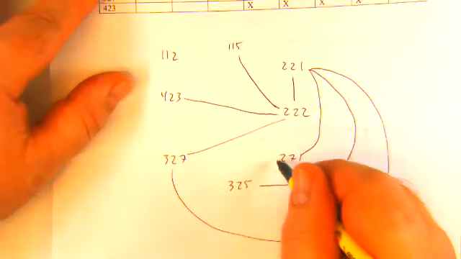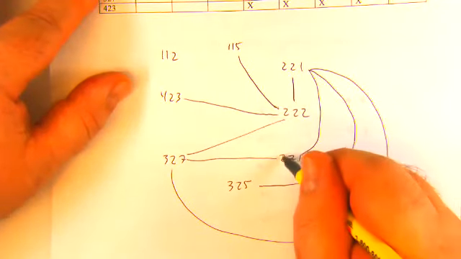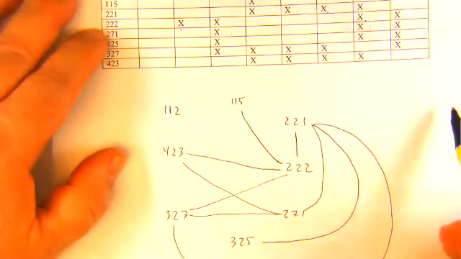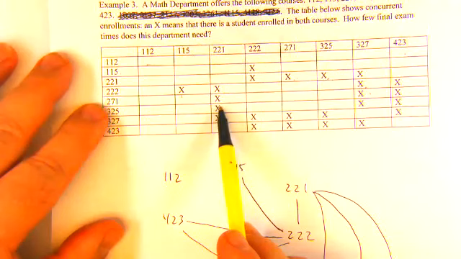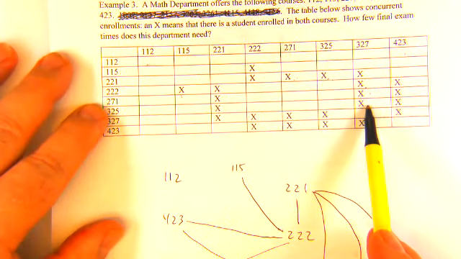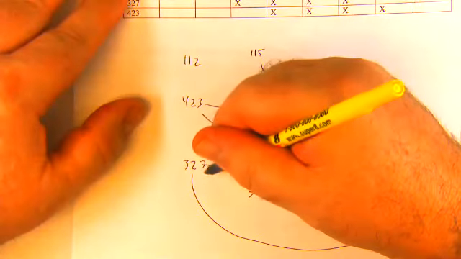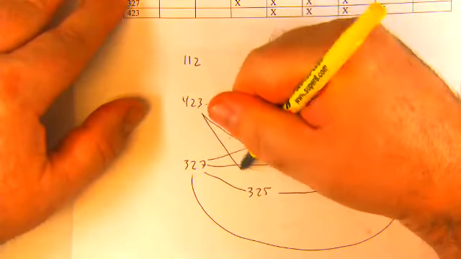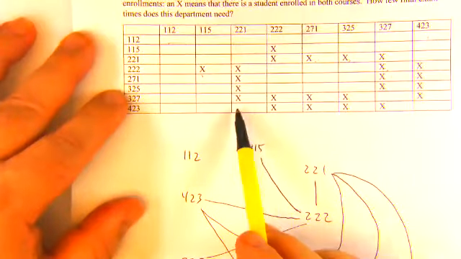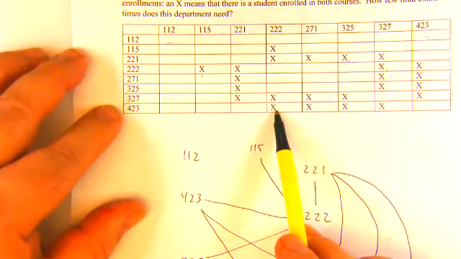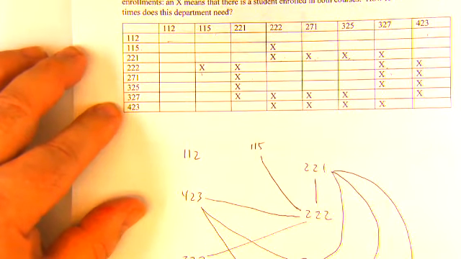So 271 should be connected to 327, and now we'll have to cross something. 423. 325, we've done its connection to 221, but 325 is connected to 327 and 423. You have to have some more crossings. And then 327, we've done all those connections for 327, 423, we've done all the connections for 423.